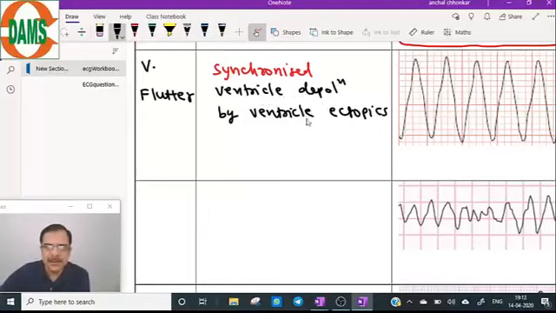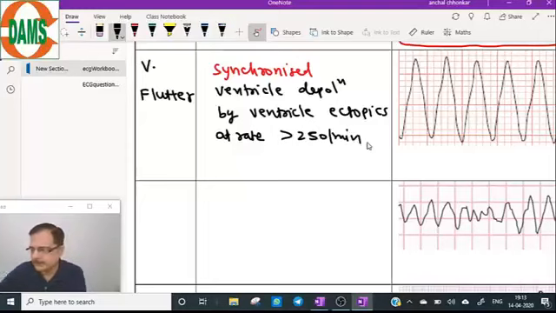Now come to ventricle flutter. Synchronized ventricle depolarization by ventricle ectopics at a rate of more than 250 per minute. So this is the description of ventricle flutter. It is characterized by the same findings.